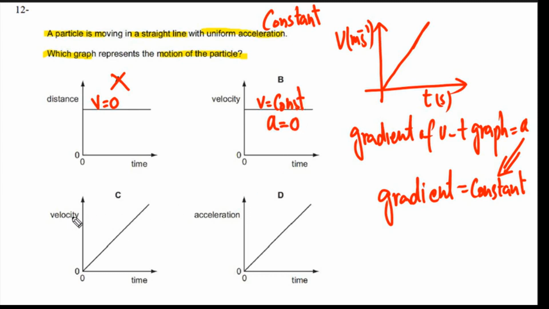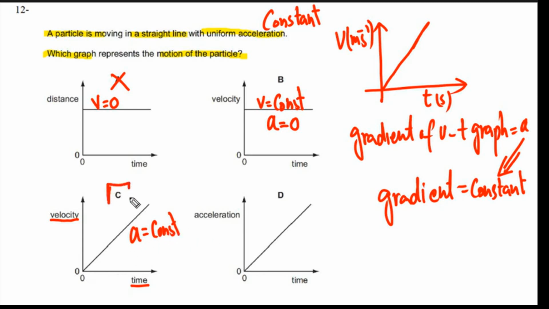Now, if we look at option C, we have velocity on the y-axis and time on the x-axis. As we can see, the velocity is increasing at a constant rate, so we can simply say acceleration is constant. Another way of understanding is that as its gradient is constant, acceleration is also constant or uniform.